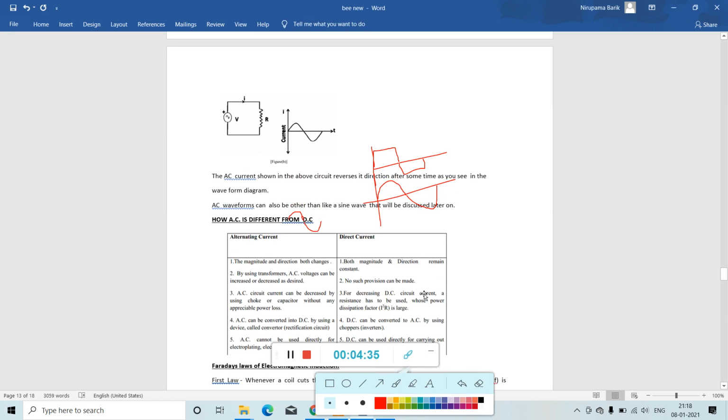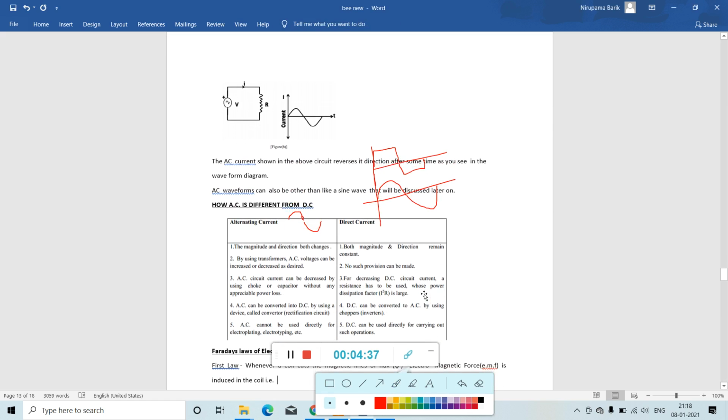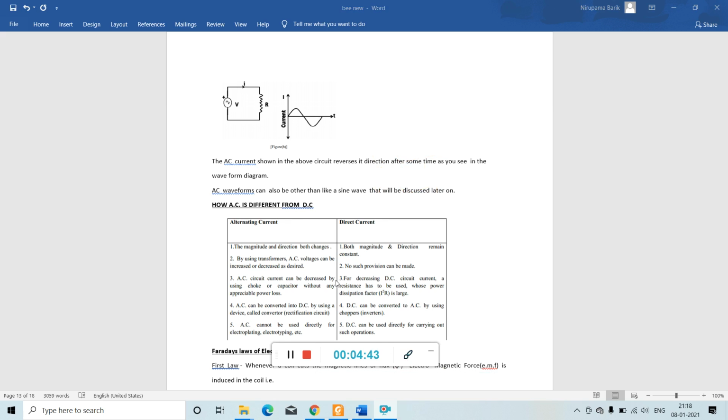The next one is how AC is different from DC. In the case of alternating current, the magnitude and direction both change, but in the direct current case both magnitude and direction remain constant. In the AC case, by using a transformer, AC voltage can be increased or decreased as desired.